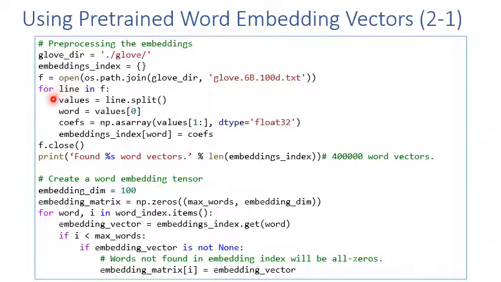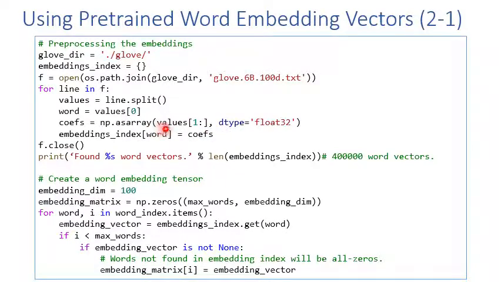We read the whole file and split each line. The first item of the line is a word, the corresponding word of the vector, and the rest are the embedding vectors. So there are 101 items in each line.